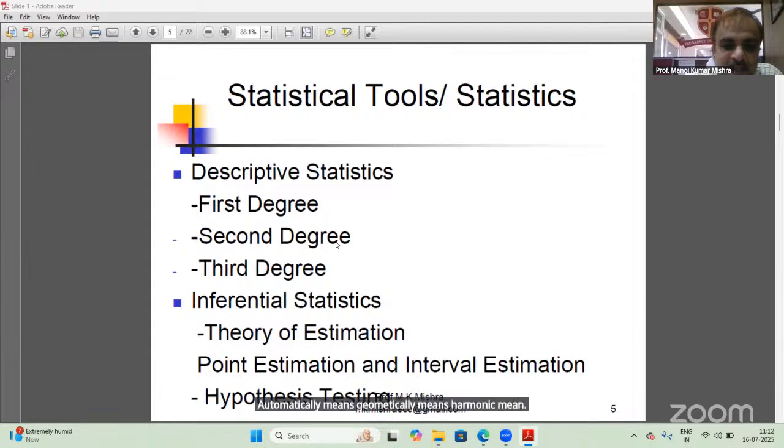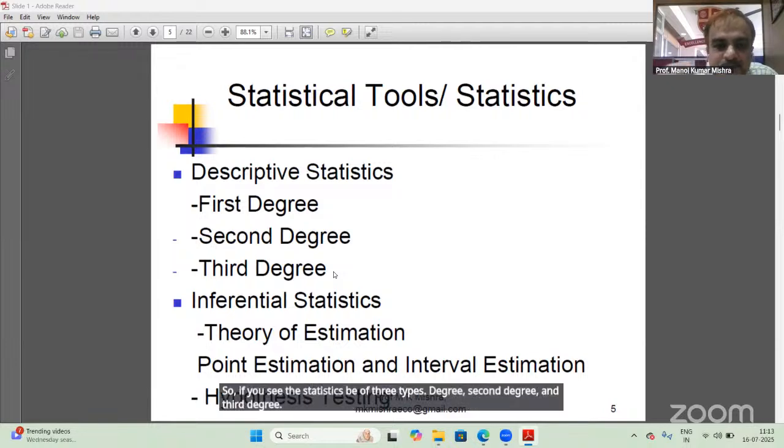Second degree means measures of dispersion. And the third degree is the study of skewness and kurtosis. So descriptive statistics is of 3 types: first degree, second degree and third degree.